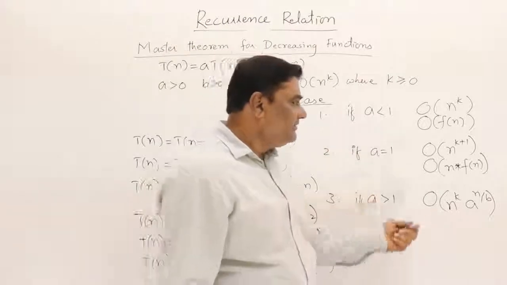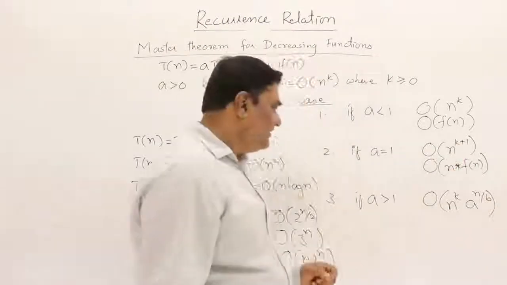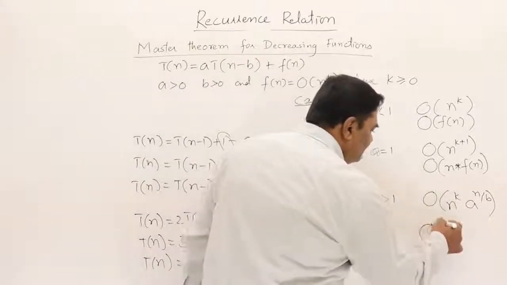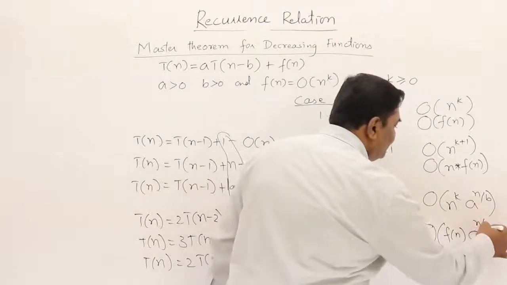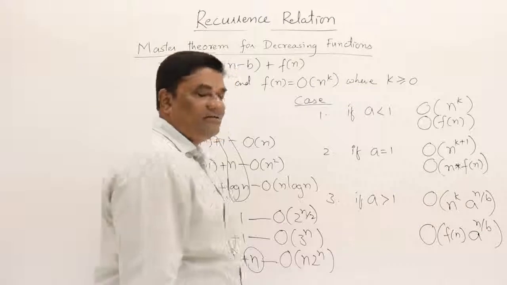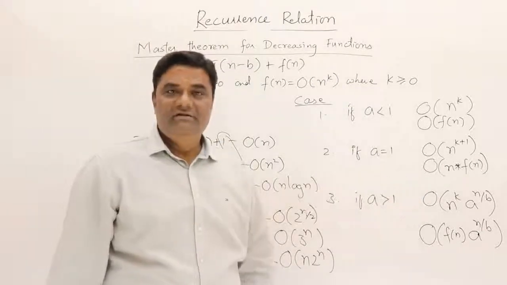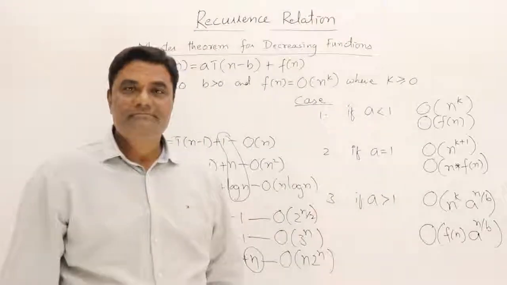If a is 1, n power k plus 1, means n into f of n. And if a is greater than 1, then f of n into a power n by b. Either this or this, anyone you can take.